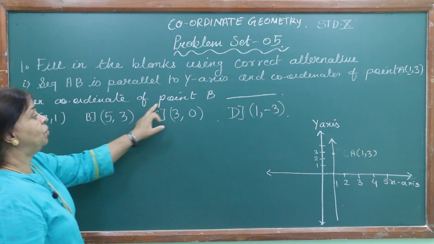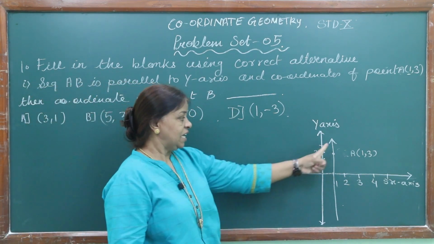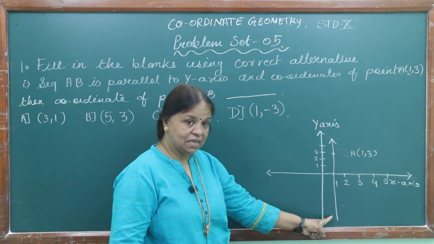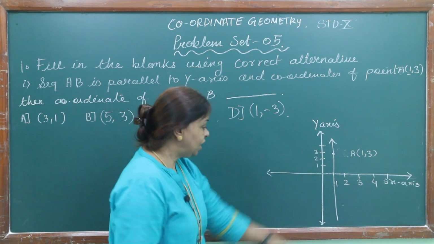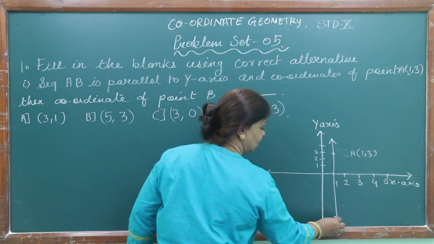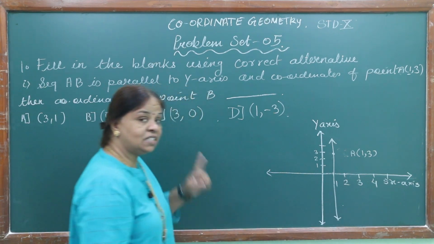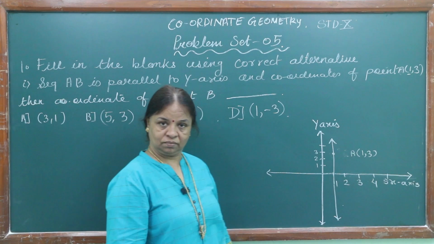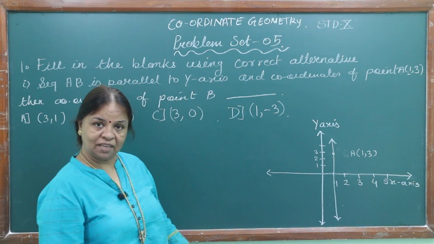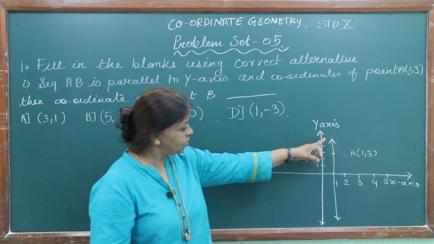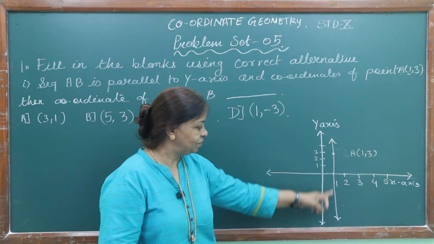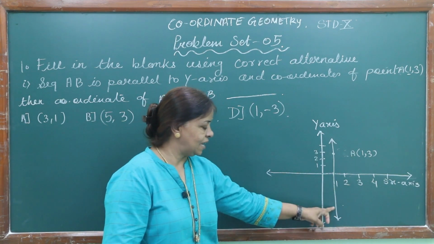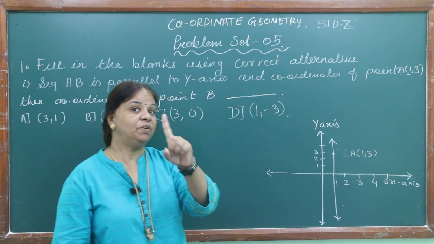Then what will the coordinates of point B be? If this is line AB and point B lies on the line, then its x coordinate will be nothing but 1, because the point is lying on this line. Anywhere it can lie, but the x coordinate should be 1.